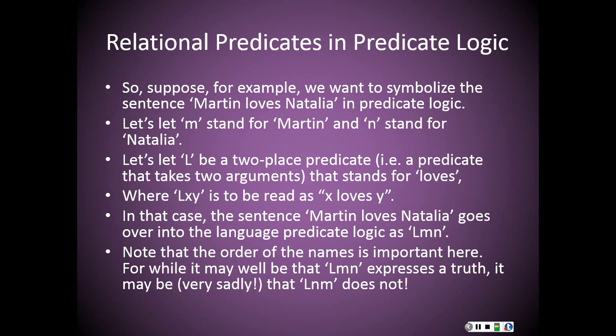For while it may well be the case that LMN expresses a truth, it might also, very sadly, be false that LNM expresses a truth. Because while it may very well be the case that Martin loves Natalia, it may not be the case that Natalia loves Martin. So the order of the names matters.